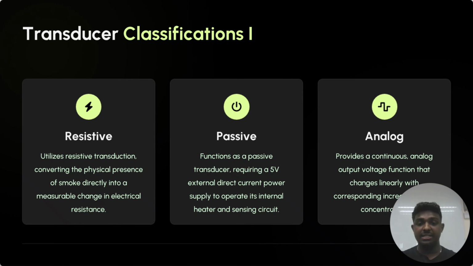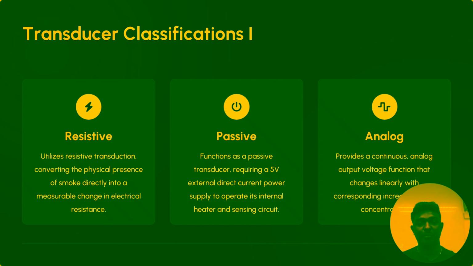It does not generate its own electricity like a solar cell would. Instead, it requires a steady 5-volt DC supply from the Arduino to power its internal heater and sensing circuit. Finally, it is an analog transducer. The output is a continuous voltage signal, not just a simple on or off pulse.